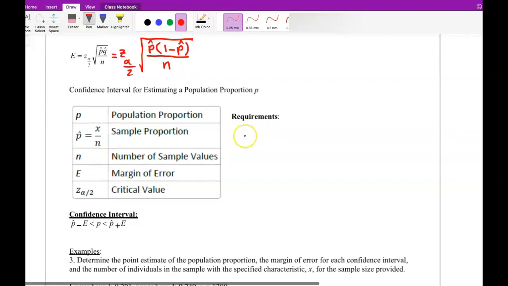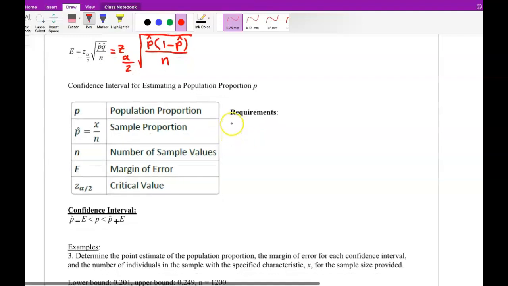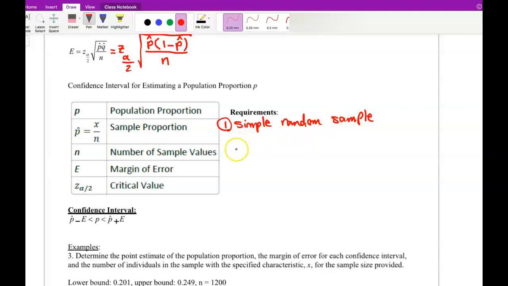We should have the following steps. We should have simple random sample to be able to estimate the population proportion.